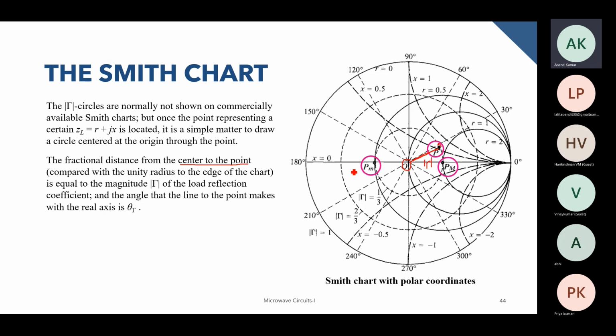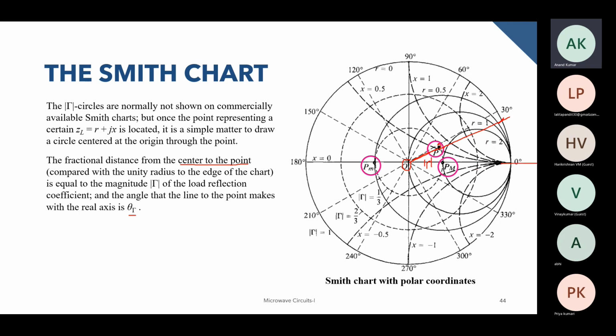And the angle that the line makes to the point on the real axis is the phase of the reflection coefficient. All you need to do is extend this particular line over here, wherever it cuts, and you find out the angle with the real axis.